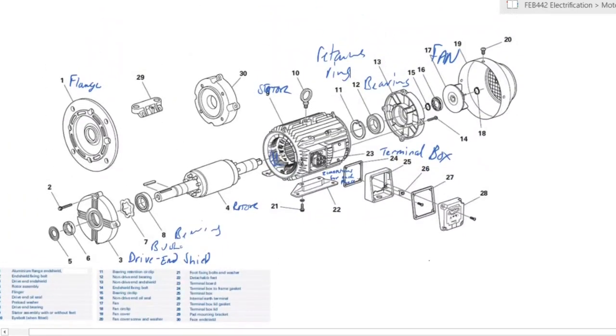So now let's move on to the principle of operation. We've already mentioned that it uses the principle of induction. And there are 3, or rather 2, main principles that we will really need to understand in order to understand induction motors in general.